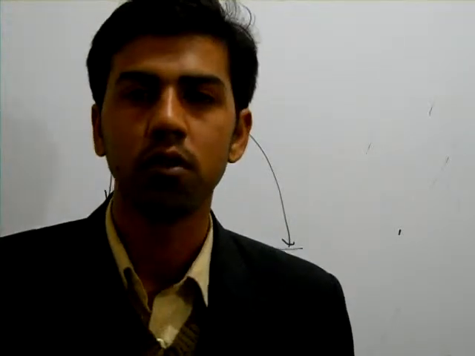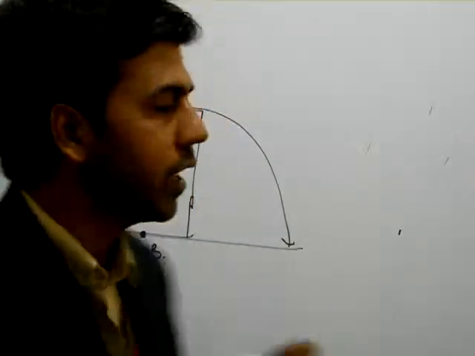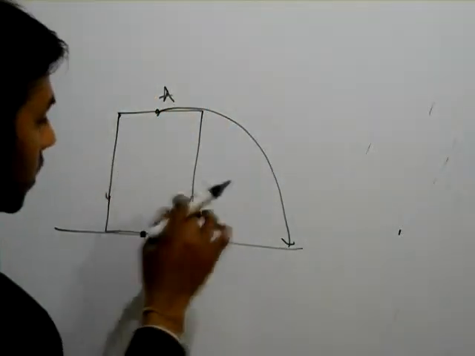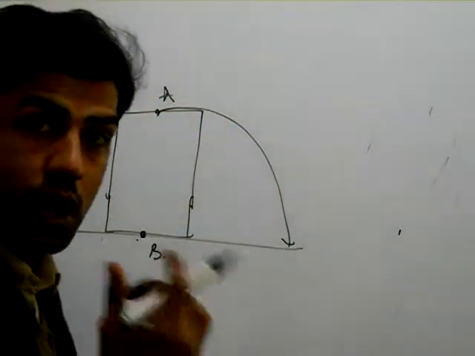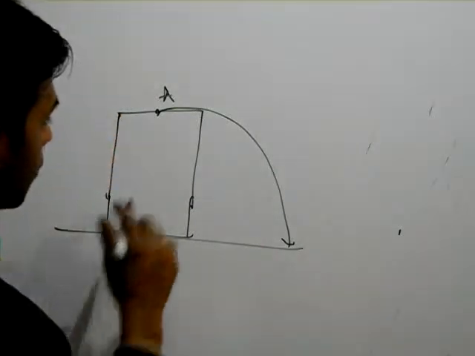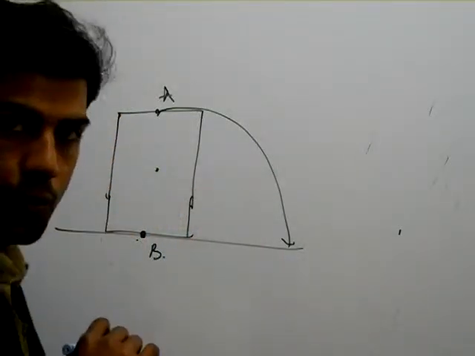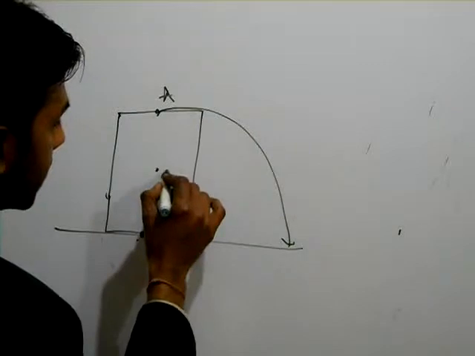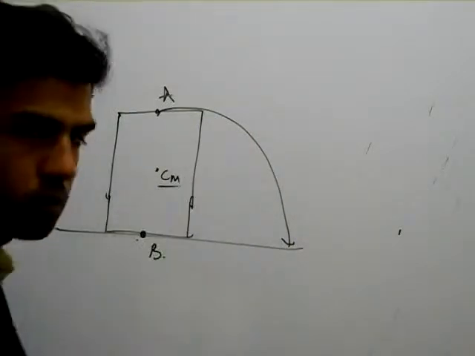What do we have to do? Newton said, in the case of regular bodies or those bodies which are not point masses, you have to take the center point. You have to take the center of mass. We will discuss this in future chapters like rotation.